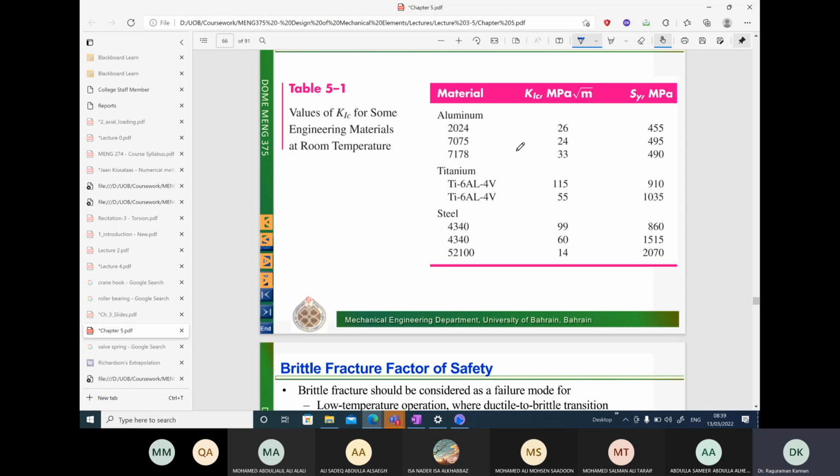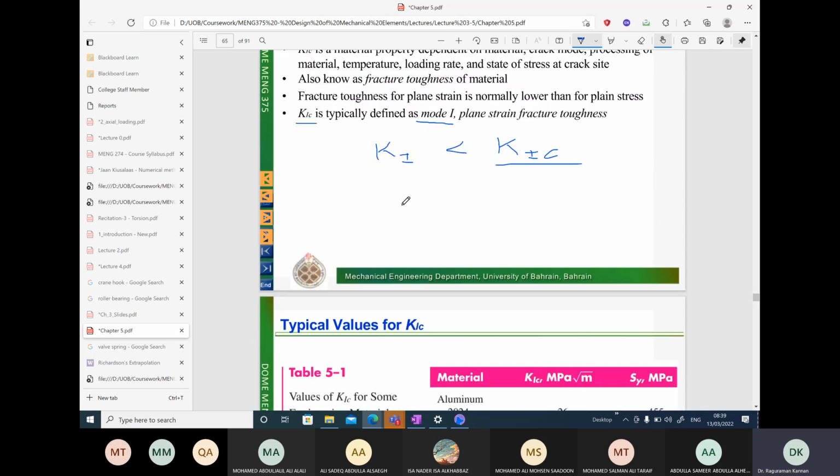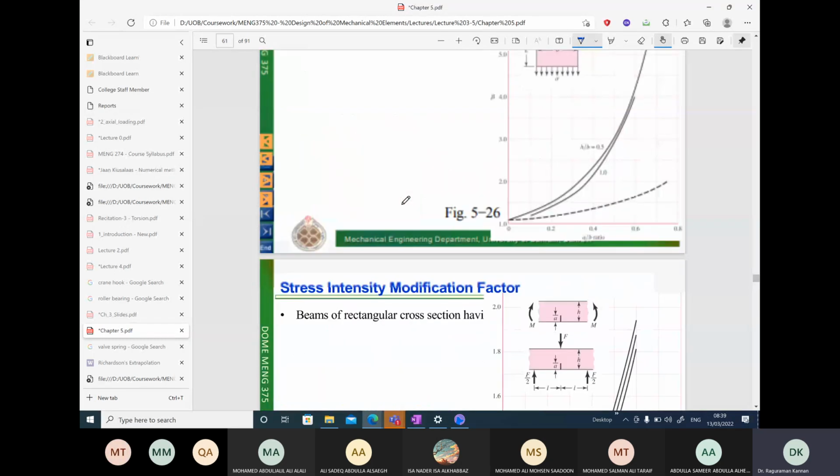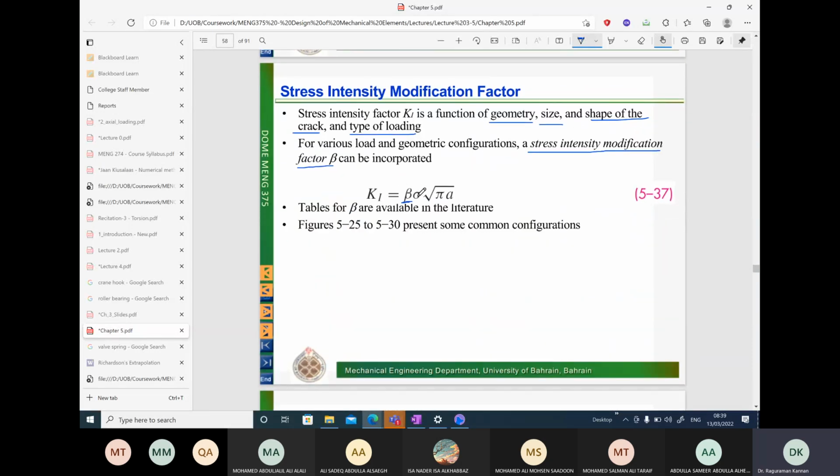Now you saw the formula for KI. What is the unit of KI? Go back to the formula. Since I cannot write, I will go a few slides back. You can see here we have the quantity sigma. Sigma is usually expressed in megapascal units, and the a value is expressed in meters.